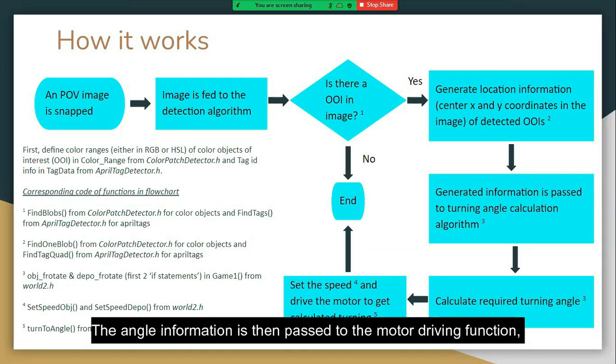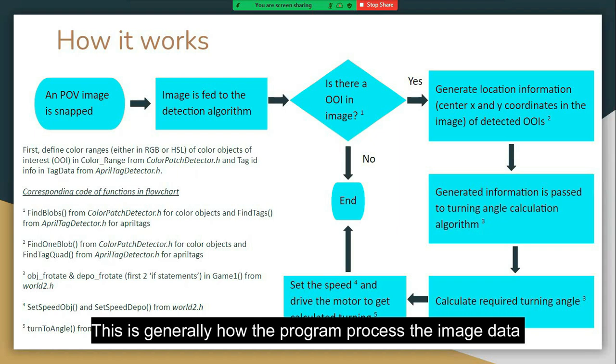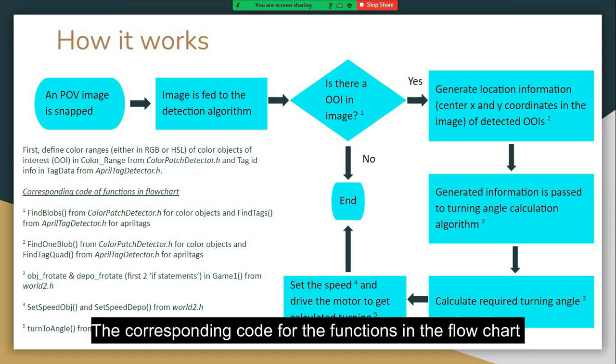The angle information is then passed to the motor driving function so that the car would be turned. This is generally how the program processes the image data and drives the car based on that info. The corresponding code for the functions in the flowchart can be found in the location shown.